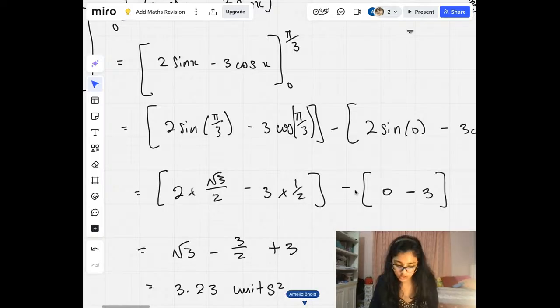You want to ask chat? Yes. So units squared, or you can just put square units as well.